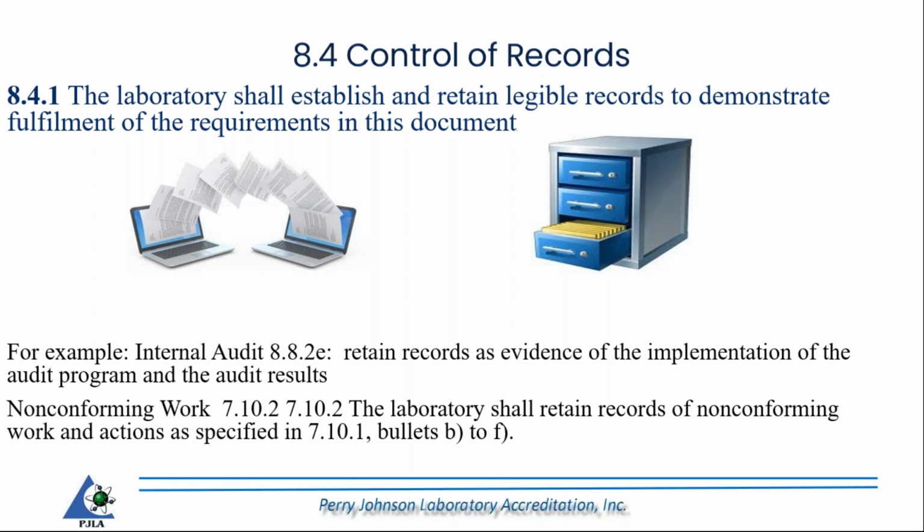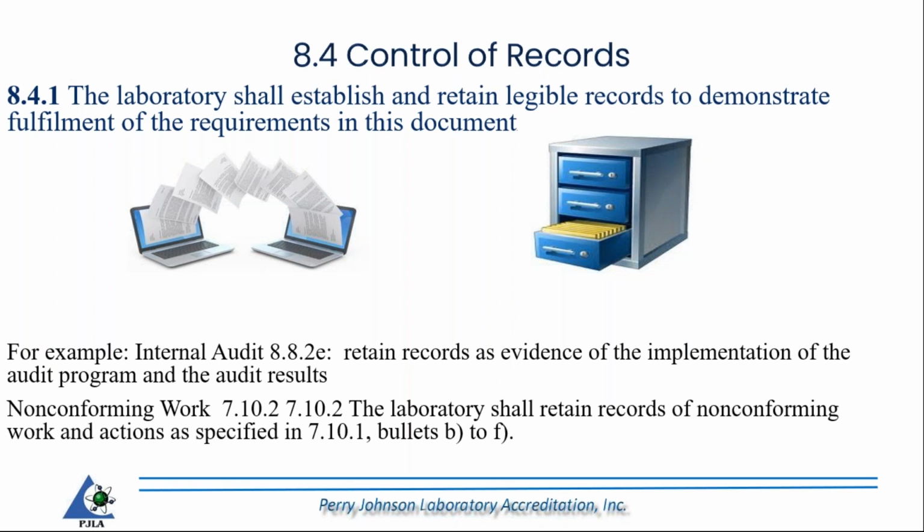Some examples of records we're talking about. When you see in the standard retain records, such as under 8.8.2 internal audits, you have to retain records as evidence of completion of this audit program and audit results. You have to keep those records, and they have to be legible records, and it has to show fulfillment to the standard that you are auditing yourself to, the requirements of the standard.